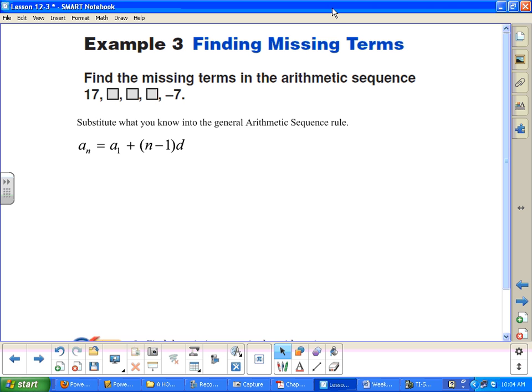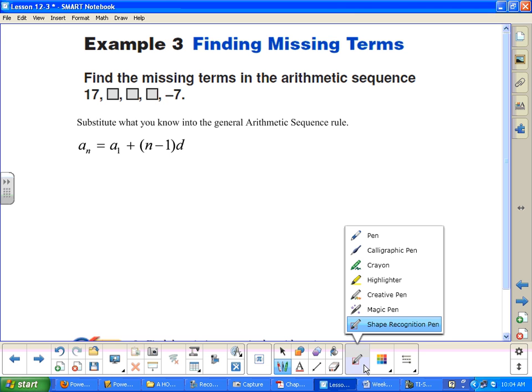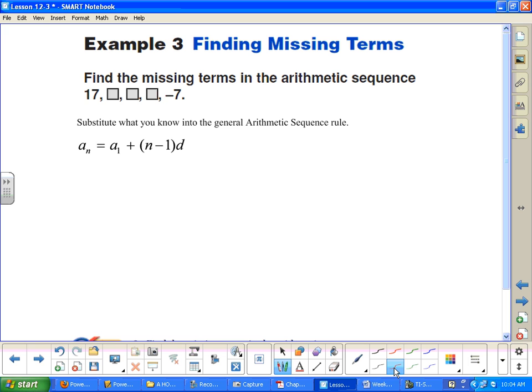But let's talk about what they are here first. This is a sub 1, 17, and negative 7 would be a sub 5. So I know the last term, a sub n. I know the first term.